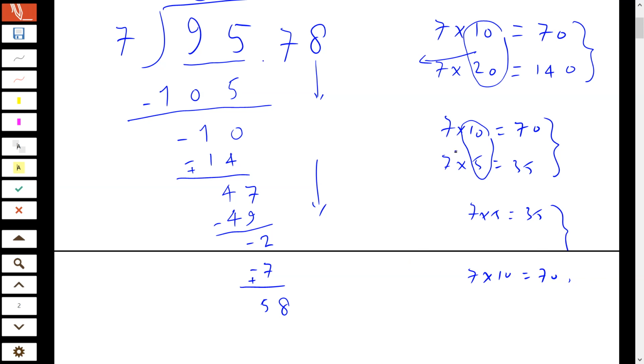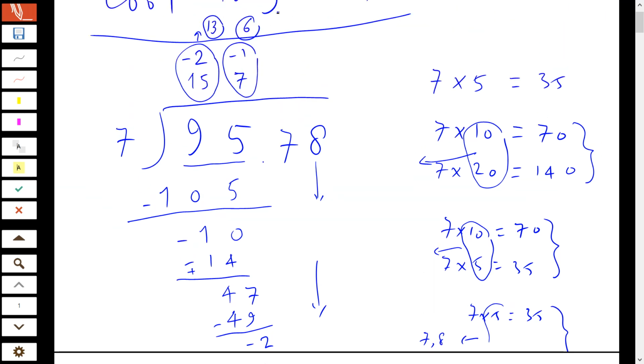So I can go again with that 7. The number between 5 and 10, I can go with 7 or 8. I know 8 is closer, but let's pretend that we got it wrong. So I will go with 7 again. I want to make these mistakes so that you get the point.